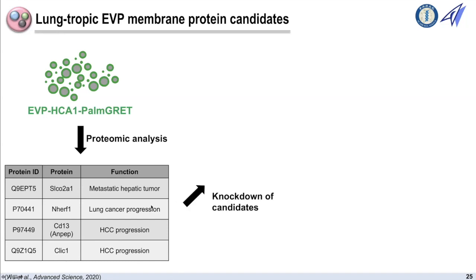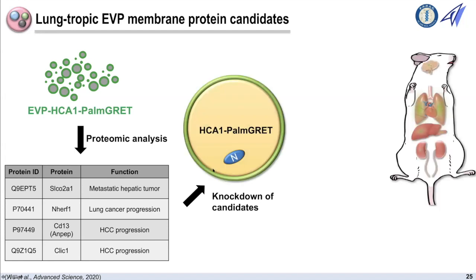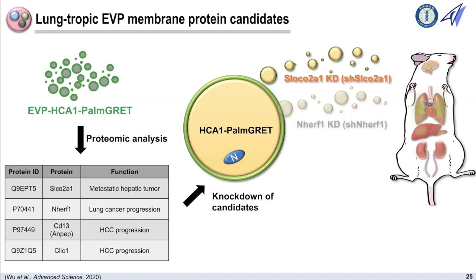So after that, we want to see if we can do any modification or knockdown on these candidates to see if we can actually redirect the tropism of our EVPs from HCA1 PalmGRET. So after we knock down these candidates in the HCA1 cell, we harvest the EV and then use the same time course to educate the mice with the different knockdown groups.